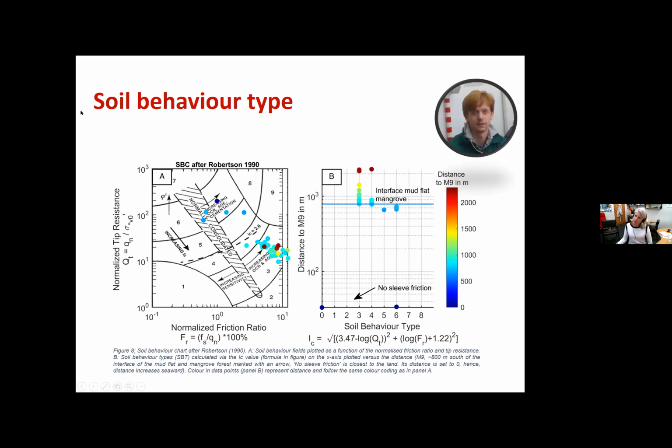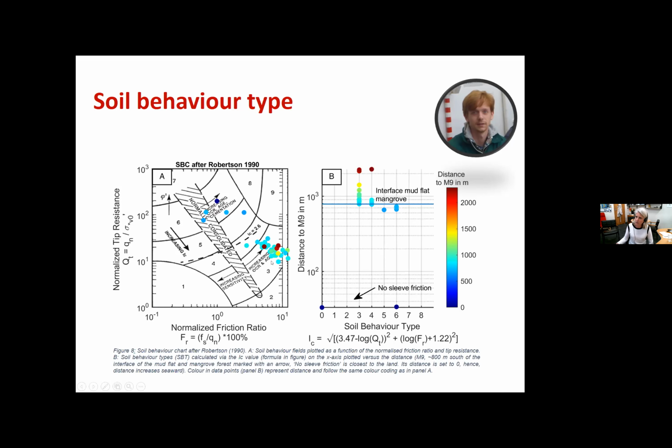Now, one of the things the engineering geologists do is to classify the soil behavior type, and these are the classification diagrams that they normally use. So this is the tip resistance on this axis, and then the normalized friction ratio on this axis.